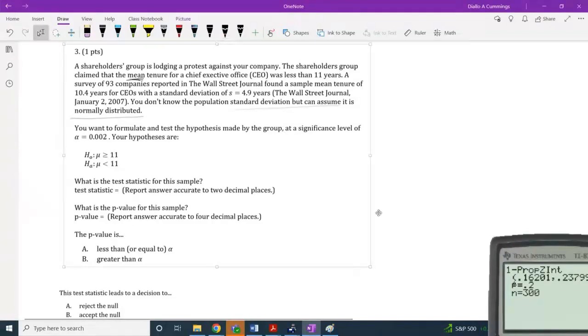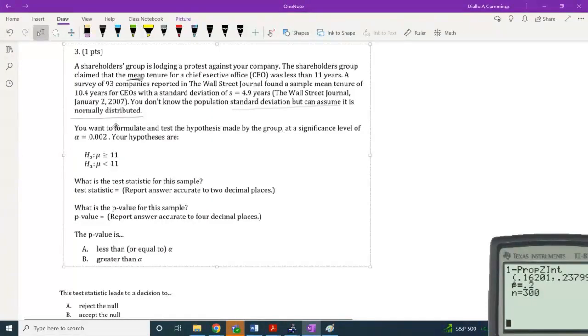The null hypothesis, H of 0, that's the notation for null hypothesis, is that the mean is greater than or equal to 11. That was the claim, or the educated guess. The alternative hypothesis is that the mean is less than 11.